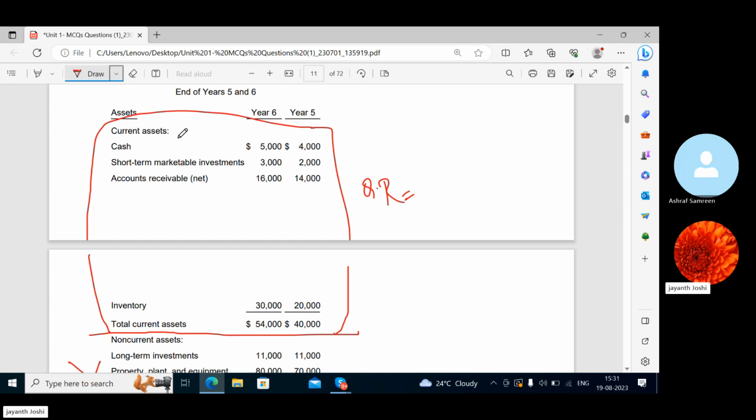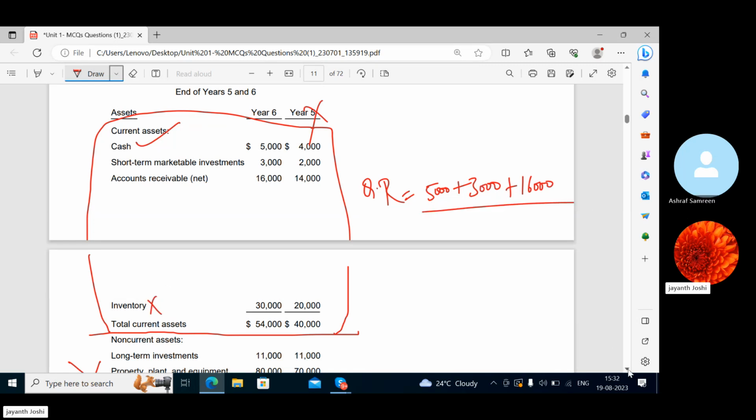Can we take cash? Yes. And what are they asking? They're asking to find out at the end of year 6. So year 5 is also irrelevant for us. So I'll be taking cash 5,000 plus short-term marketable investments, accounts receivable we can take. Inventory shall we take? No. Very good.